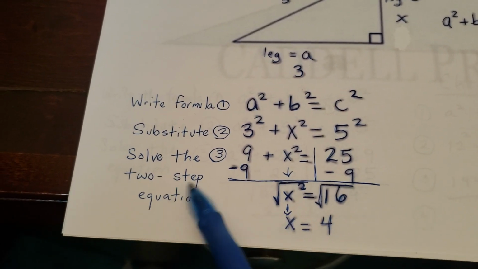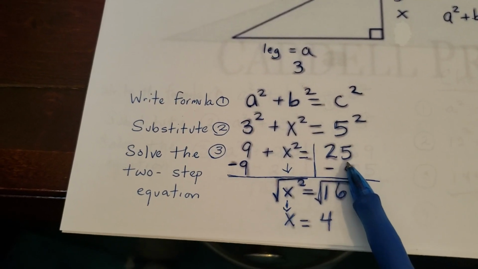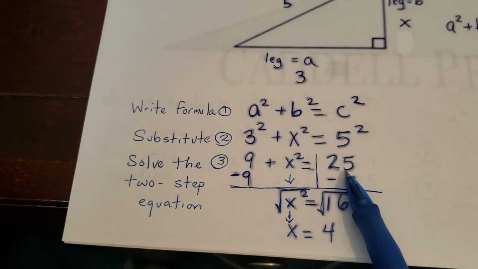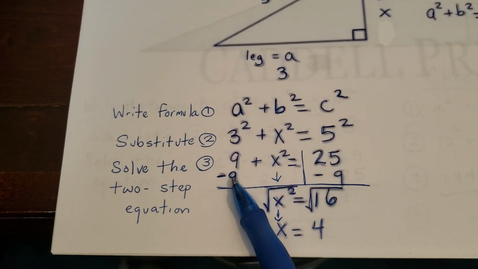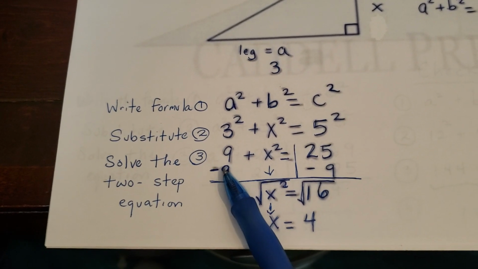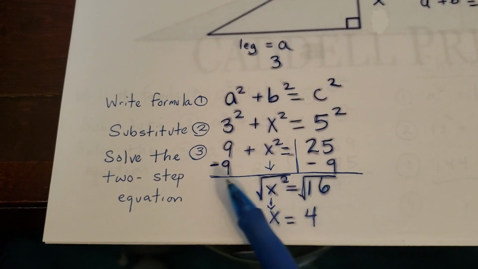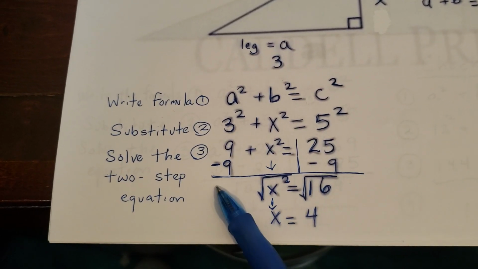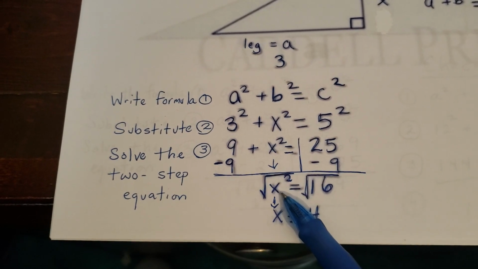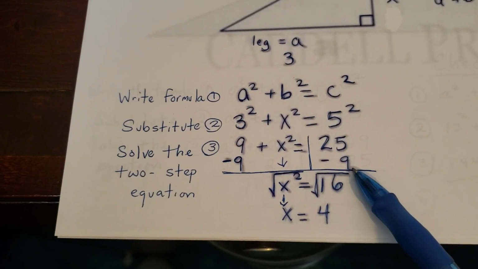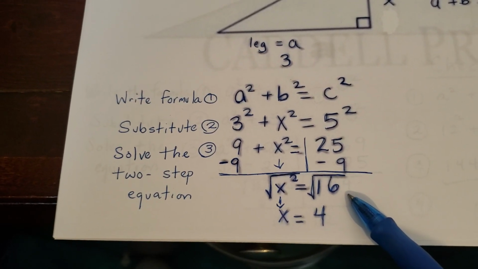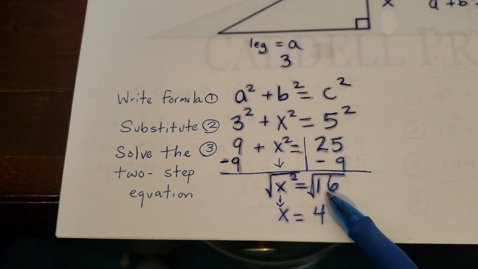Now we want to solve this two-step equation. The first thing we want to do is approach the weaker portion, which is here. So we're going to do the opposite of the 9. We're going to subtract the 9 from both sides. These 9s will cancel out. You bring down your x squared. 25 minus 9 is 16. So x squared is equal to 16.